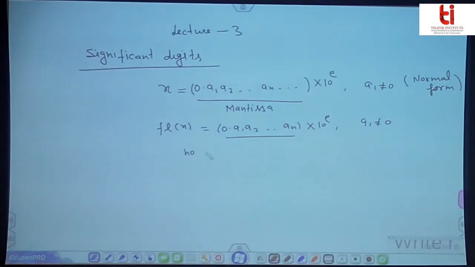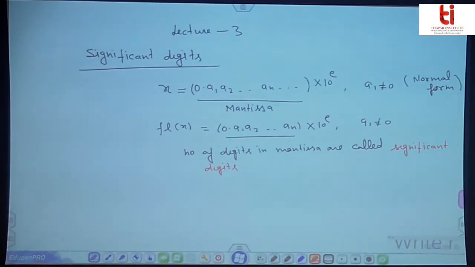So whenever you want to find the significant digits in a number, write the normal form of the number, and then the number of digits in the mantissa are called significant digits.